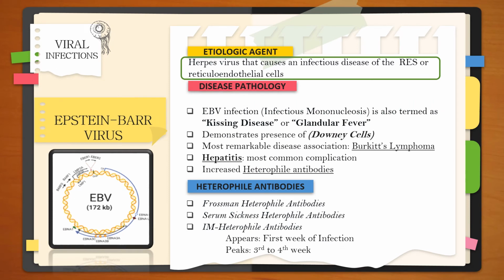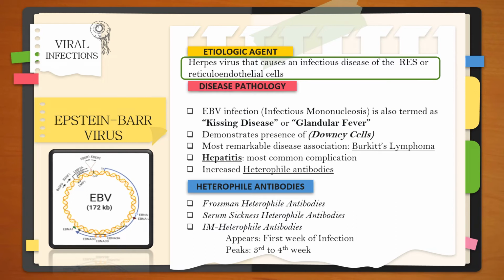EBV or Epstein-Barr virus is a herpes virus that causes infectious mononucleosis, which is characterized as an infectious disease of the reticuloendothelial cells. Okay, a recall from your virology. This disease frequently affects young adults 16 to 25 years of age.